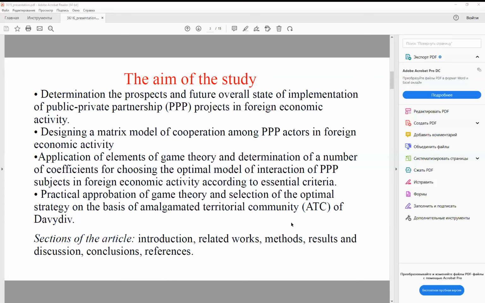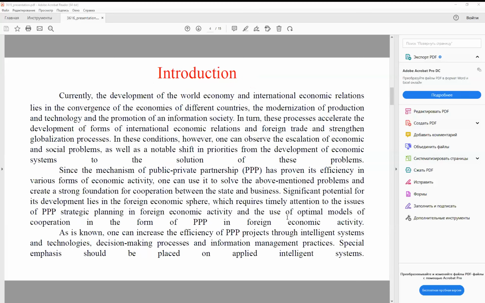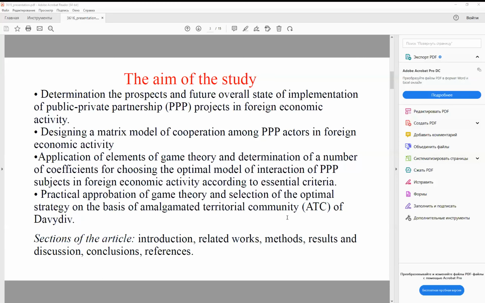And last is practical approbation of game theory and selection of the optimal strategy on the basis of the amalgamated territorial community (ATC). The sections of the article are introduction, related work, method, results and discussions, conclusions, and references.